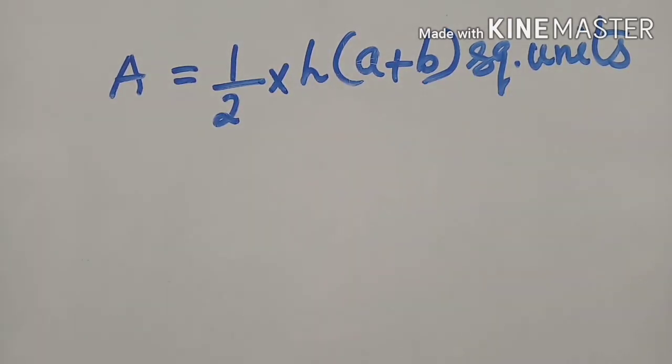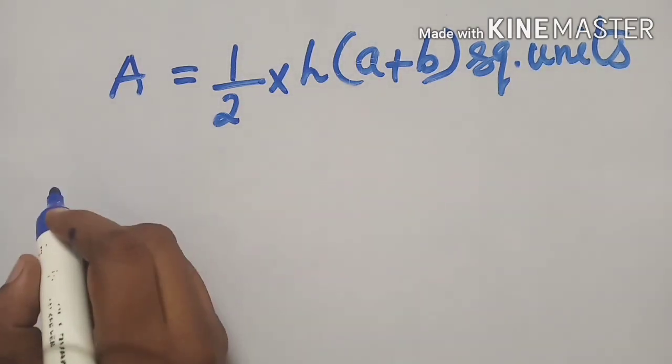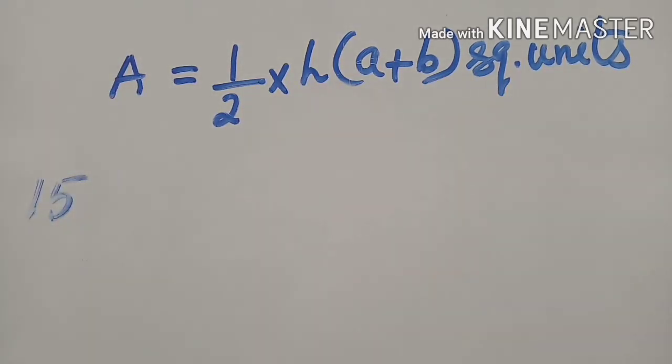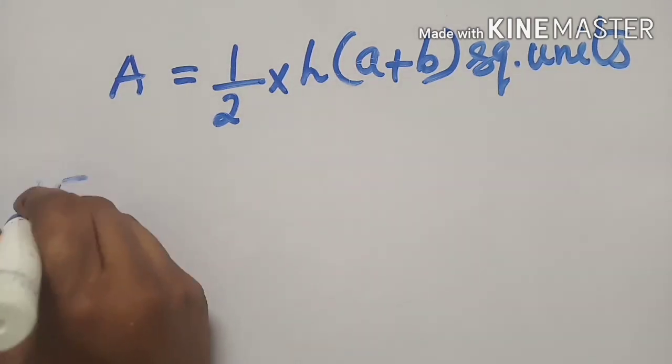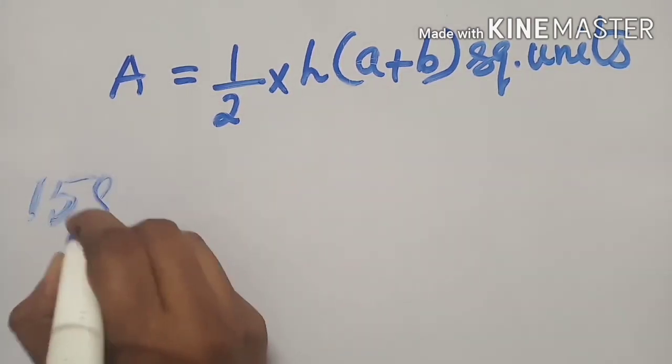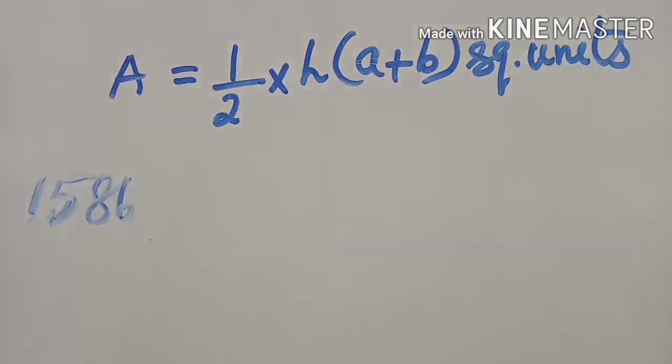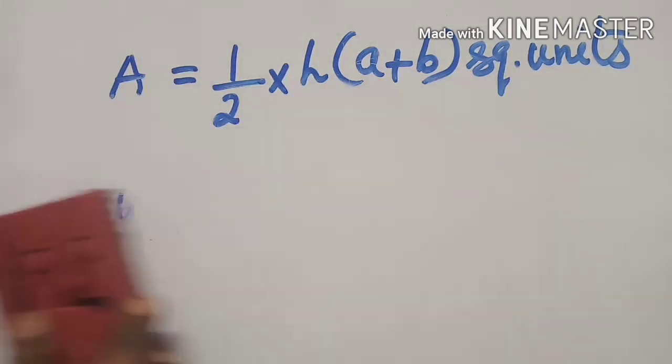What is the area given? 1586. Instead of area, you have to write this number, 1586. No need to write square centimeter, just write this number alone.